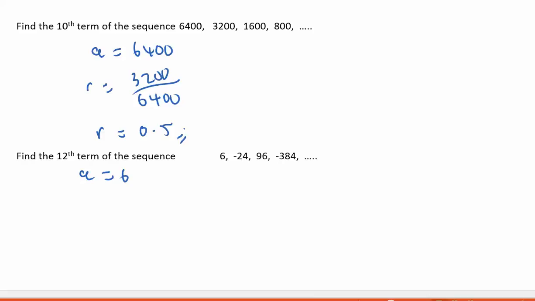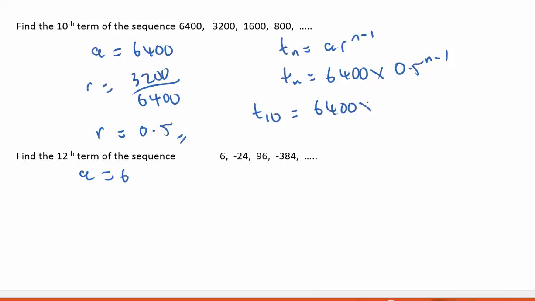Now at this point I can then make use of the equation. So if I want to find the 10th term, and if we plug that in, that will give us 12.5.